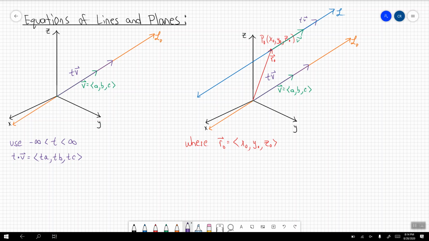Now, one thing that we want to point out is that the value for t is going to be very specific. So I'm going to write that specification here. If the value for t is equal to 0, then the vector t times V will just condense down to the point P naught, because again, we shifted all of the points up to that point P naught.